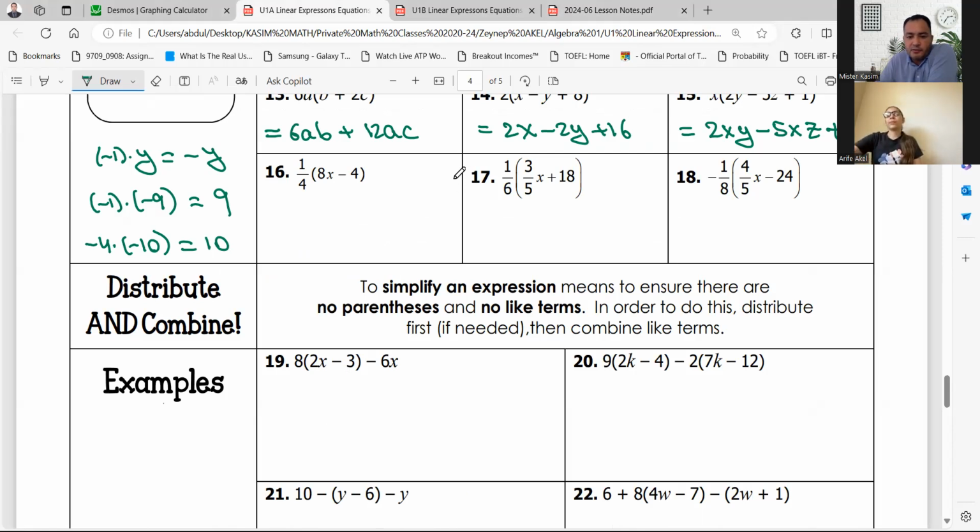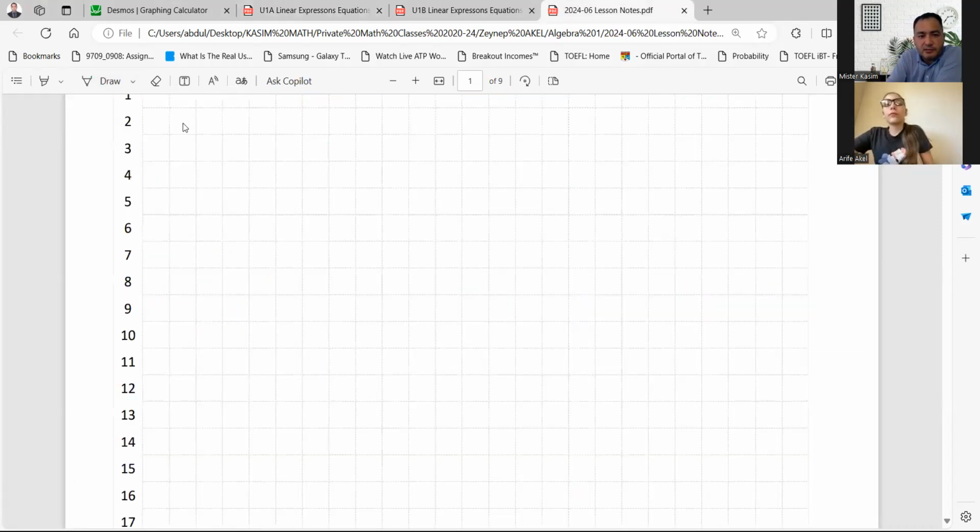So Zeynep, we are using the same thing here. What is it? A times x, right? We know that if we multiply a times x plus y, that's the distributive property, that is a times x plus a times y, right?